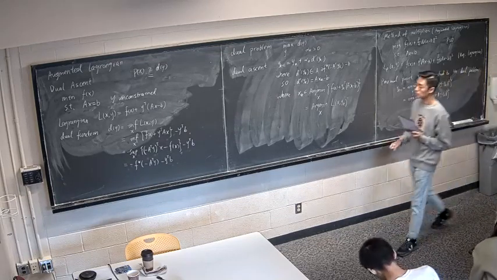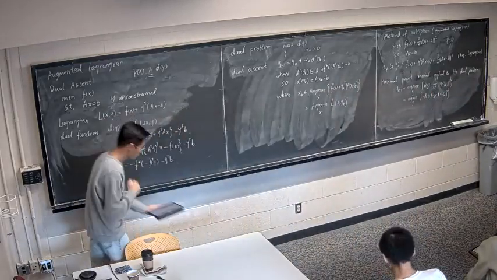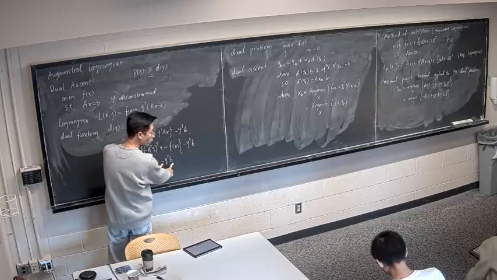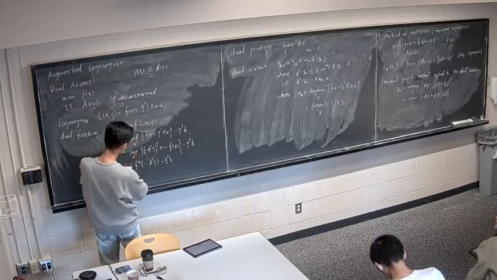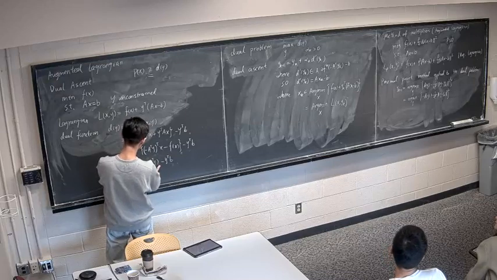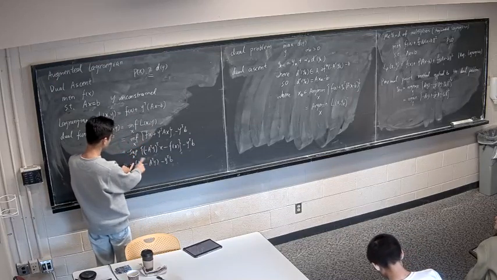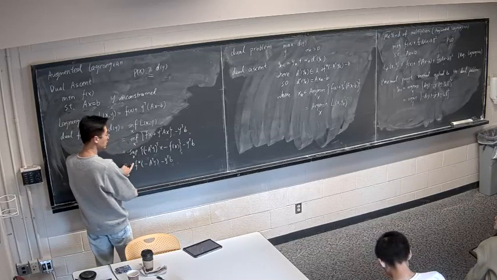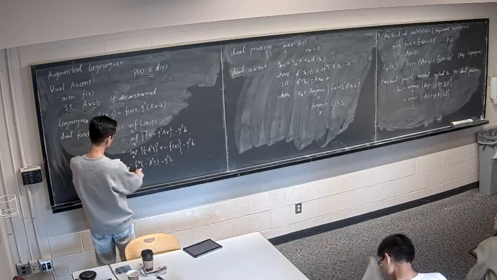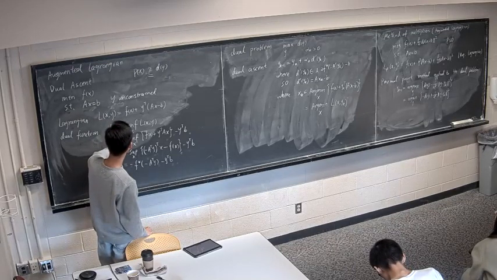This is because one of the reasons is that this is linear in y, and this is because this is f star. It's a vector conjugate. A conjugate is always convex, and if you take a minus sign, this is concave. You can also see from here.